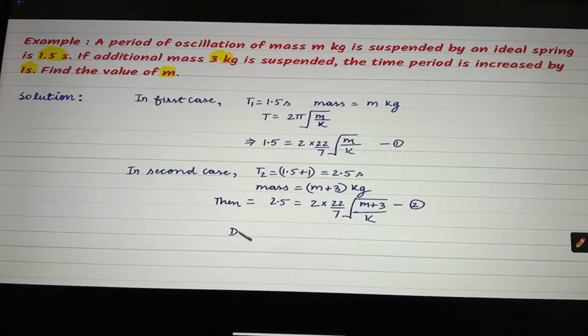And now what we will do is divide 2 by 1. So this implies 2.5 by 1.5 is equal to the square root of m plus 3 by m.